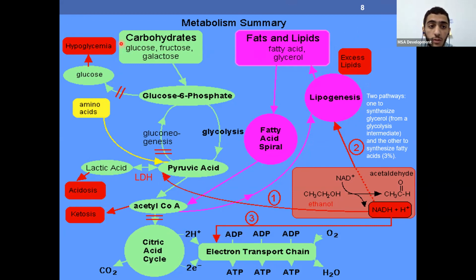These red blocks are the summary of all you need to know. You must memorize that alcohol causes lactic acidosis, ketoacidosis, hypoglycemia, and fat buildup. In the next couple of slides, we'll explain how that occurs so that it makes memorizing easier.